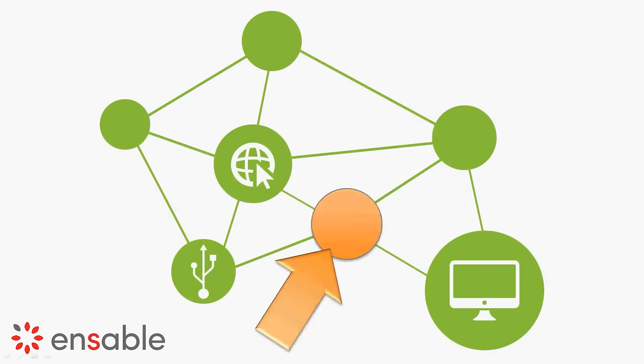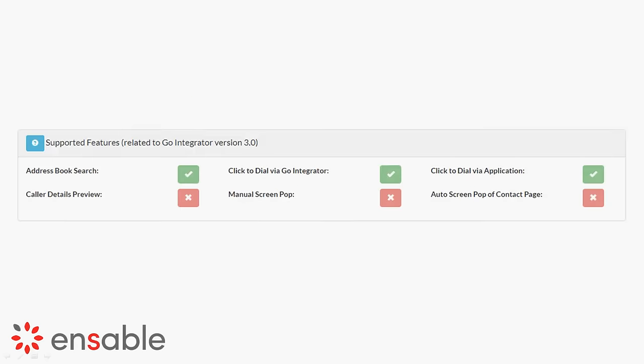And most importantly, what are some of the integration gaps that exist today with these middleware applications, if they exist at all? An example would be sometimes they can do click to dial, but maybe they don't have an auto screen pop available, or maybe they don't even have a manual screen pop. So understanding what exists, what's going on, will lead us to our next step.